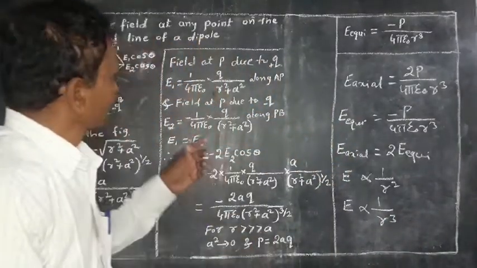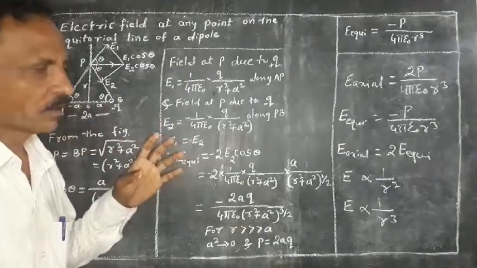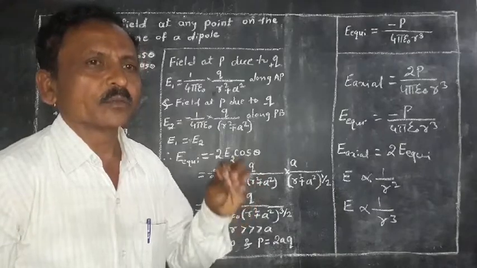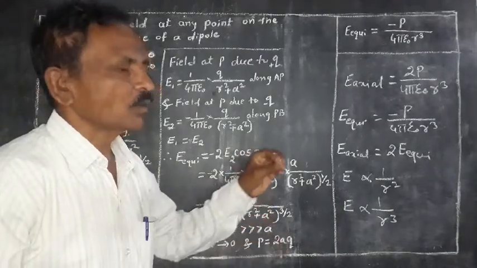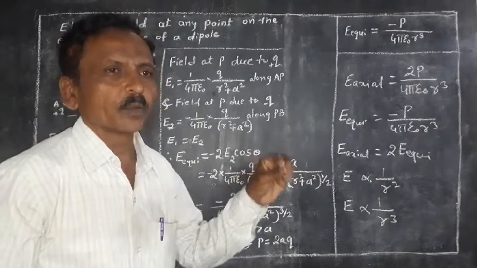Therefore, electric intensity due to dipole is very small compared to the electric field at a point due to a point charge.